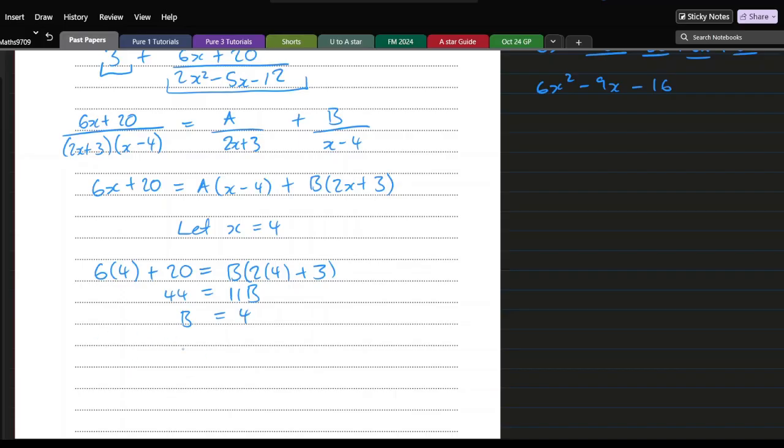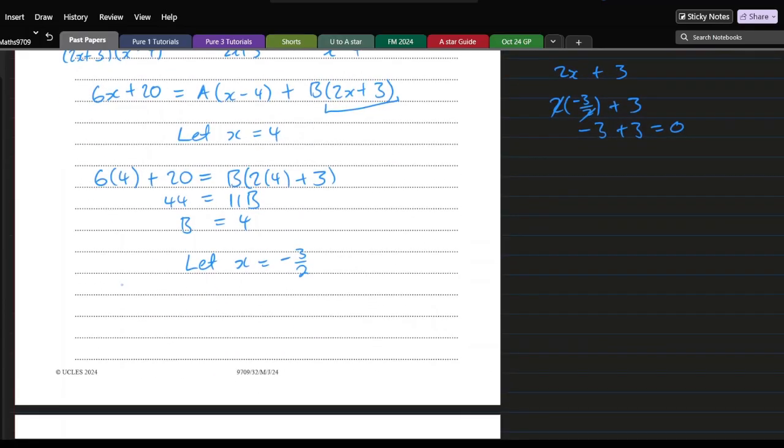Alright, and now we can say let x equal negative 3 over 2, because 2x plus 3, if you substitute it with negative 3 over 2 here, the 2's cancel out and you end up with negative 3 plus 3 equals 0, making this bracket over here 0 and allowing us to evaluate a.